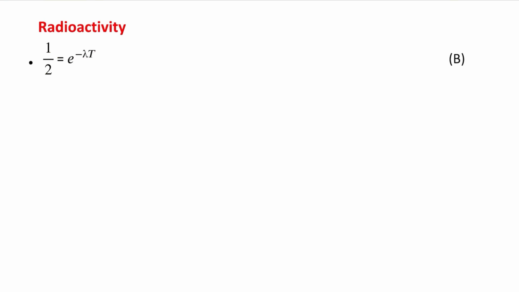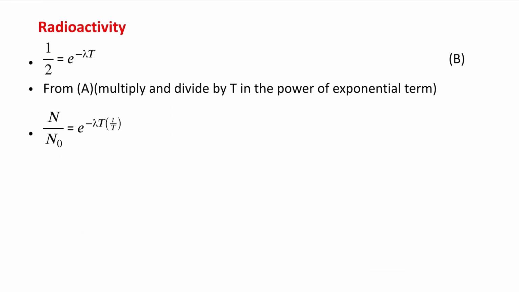So N0 on the left hand side and right hand side gets cancelled, and I get 1 by 2 is equal to e raised to the power minus lambda into capital T. This is our expression B.